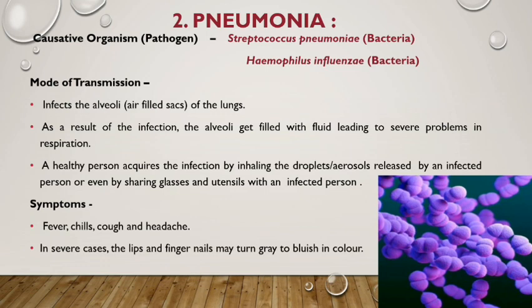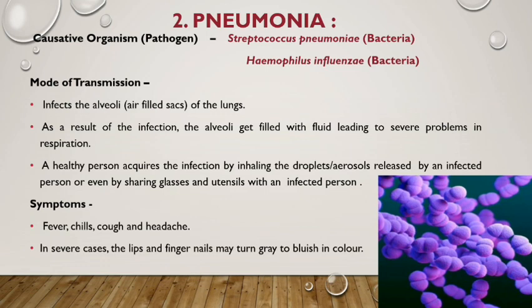Because our body has oxygen, when the bloodstream and our body are filled with oxygen, the color will be very glowing and bright. But when the oxygen level goes down, automatically you will find that the lips and fingernails turn bluish. This bluish color is due to the deficiency of oxygen, because the person is not able to breathe properly. So these are the symptoms that will be seen in a person suffering from pneumonia.